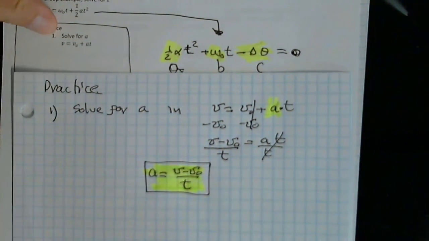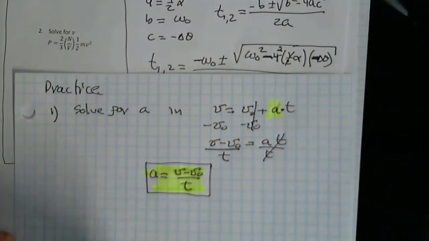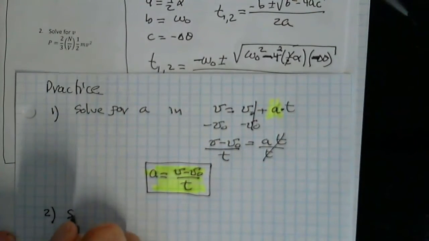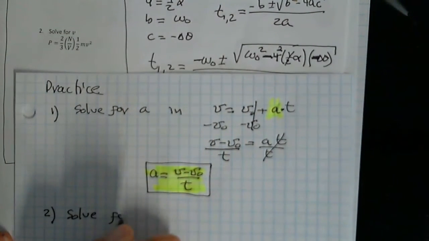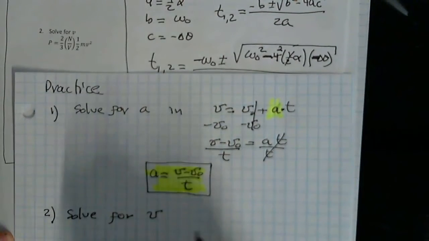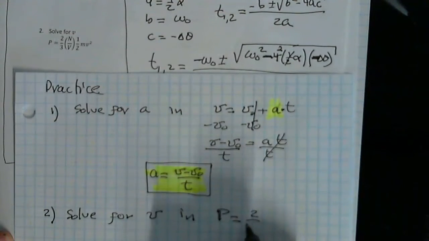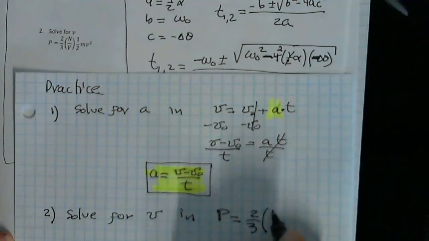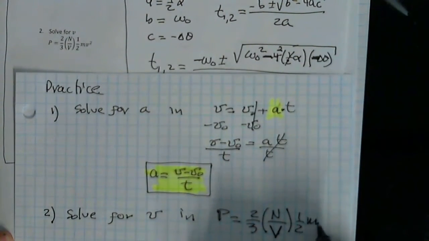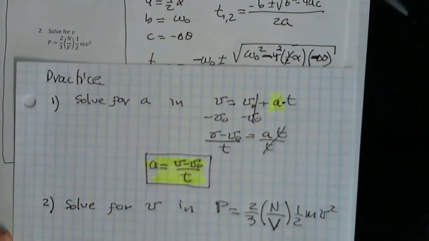The second one is lowercase b in this equation. You don't need to know that p is pressure at this moment, that capital N is the number of particles, and capital B is the volume, 1/2 mass velocity squared.